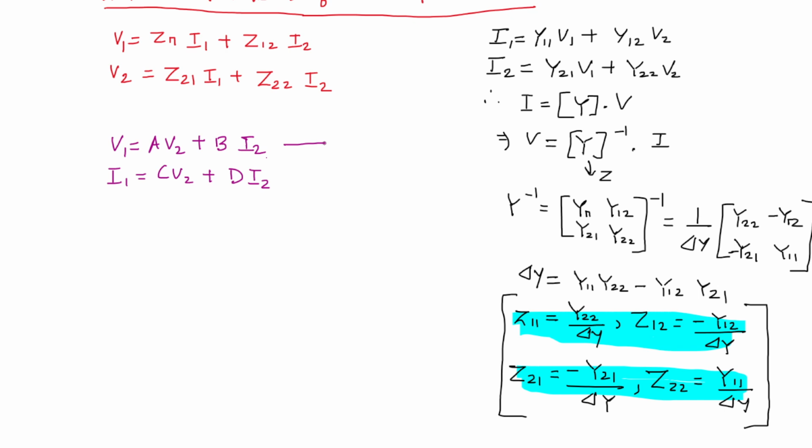So let us name or mark them equation 1, equation 2. So if you arrange equation 2 in a different way, we can write V2 is equal to 1 by C I1 minus D by C I2. We get this from equation 2, just rearranging.